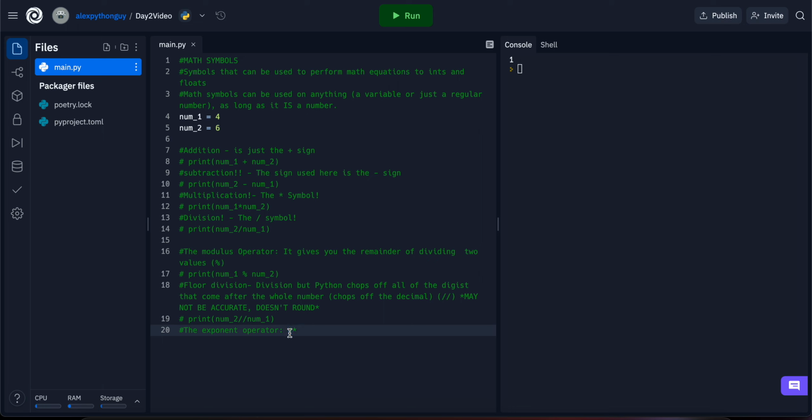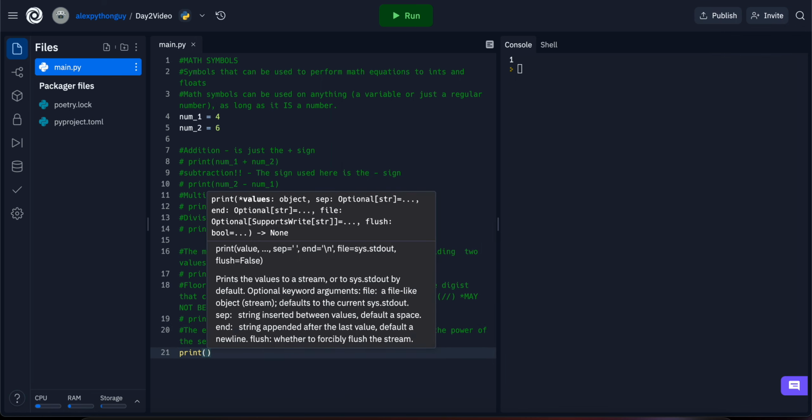And what that does is it raises your first number to the power of the second. What this means is that it multiplies your first number by itself a second number amount of times. That's basically an exponent in a nutshell.